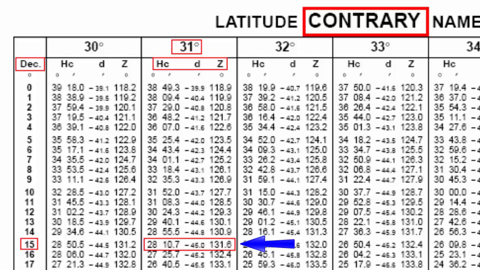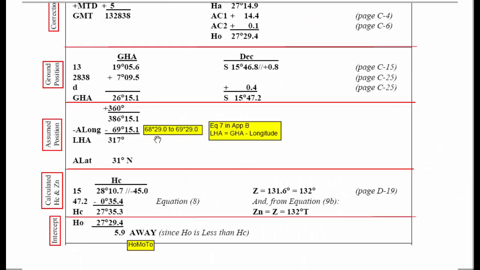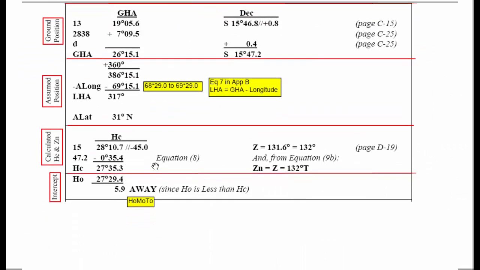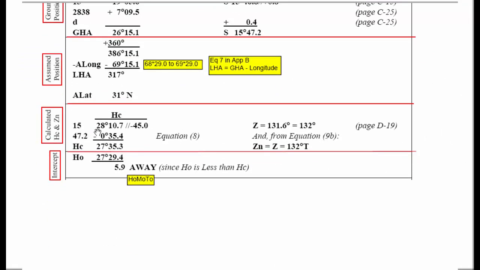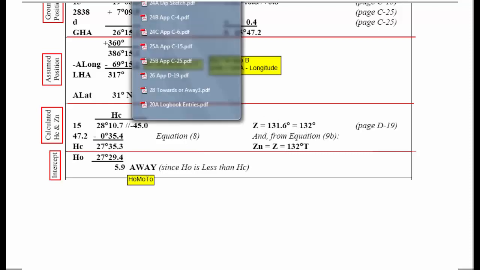So let's take those numbers first off and transfer them to the sample problem. And here's the numbers that we just looked up. For 15 degrees, 28 degrees 10.7, the interpolation factor being minus 45.0, and the Z being 131.6, which I round off to 132. But let's go and define what Z is.